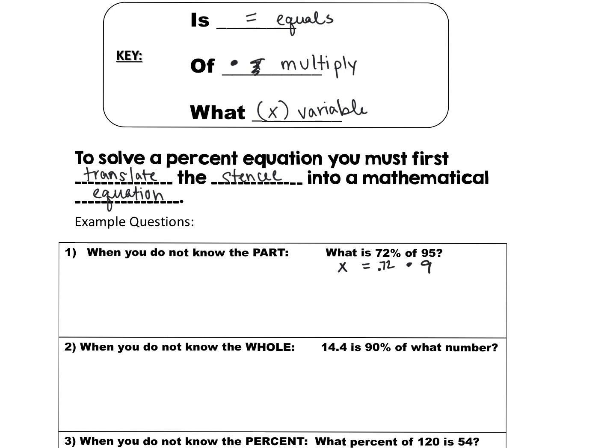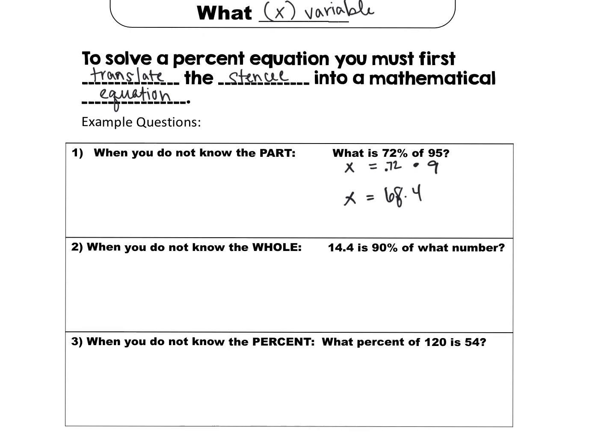So our x will equal 0.72 times 95, which gives us 68.4. All right, and that's rounded. So there you go.